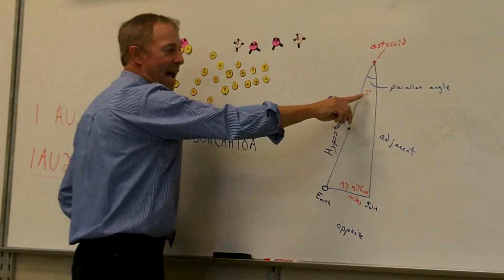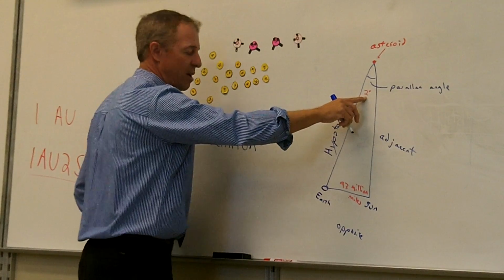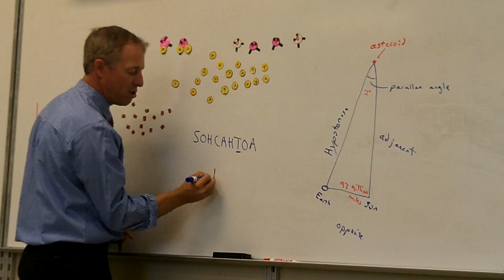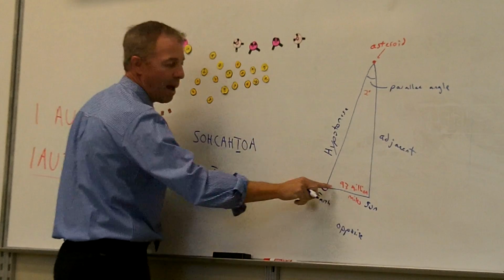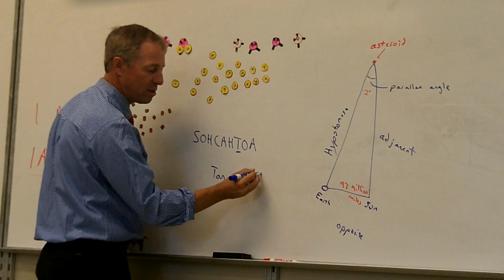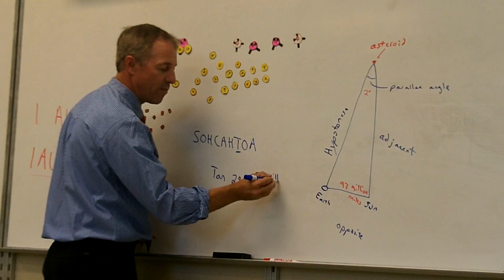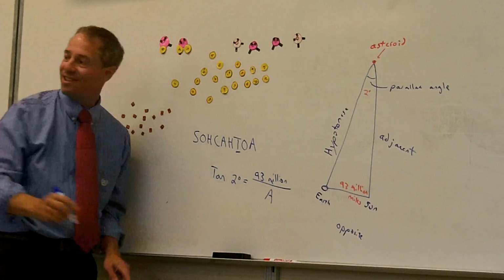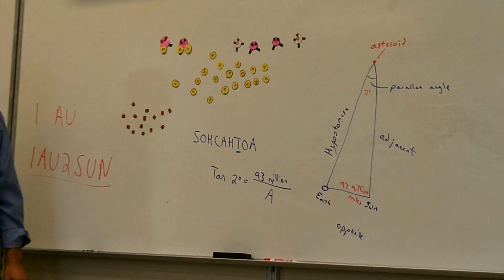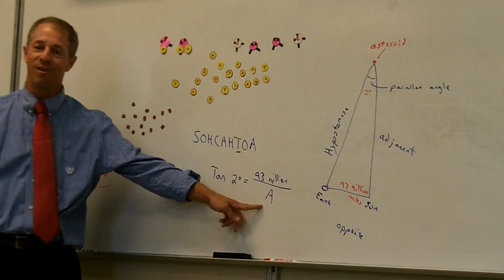So if we have this measurement, 2 degrees, the tangent of 2 degrees is going to equal the opposite, 93 million miles, over the adjacent, whatever the adjacent is. You can now figure for the adjacent.